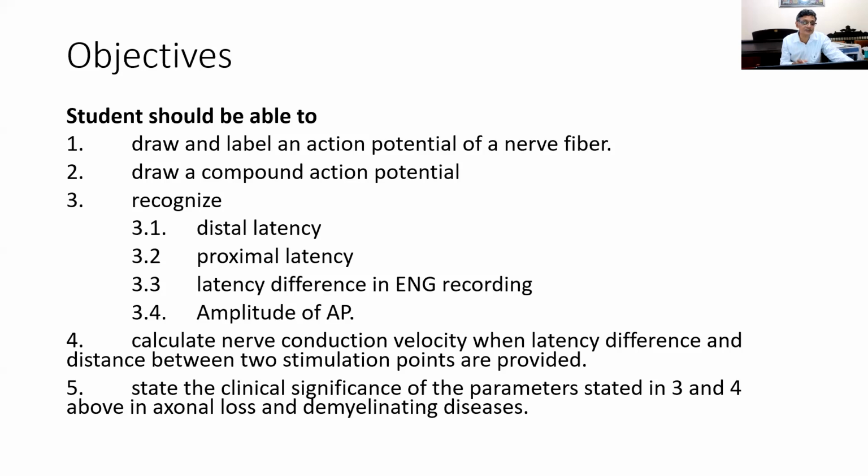If the axons are lost, say if you take an ulnar nerve or median nerve or whatever peripheral nerve, it has thousands of nerve fibers, and assume that it has 1,000 nerve fibers. When you stimulate that, it will produce action potentials in your muscles.